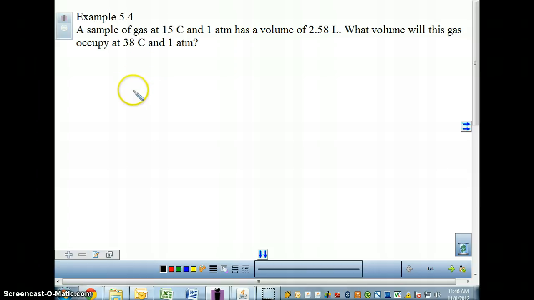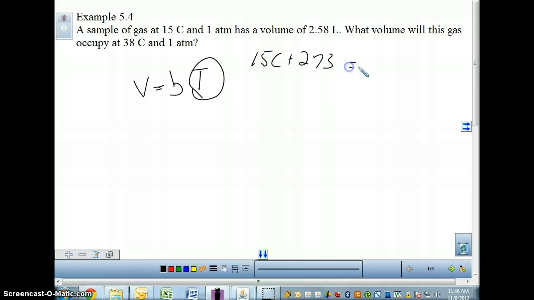Charles' Law, quite simply, can be written as volume equals some constant times temperature. However, as with any temperature in this chapter, we need to convert it to Kelvin. So let's go ahead and do that with both of our temperatures. 15 Celsius plus 273 gives us 288 Kelvin.